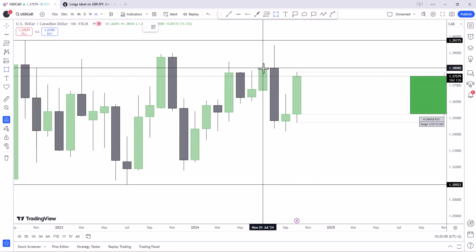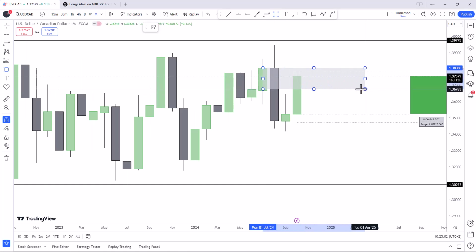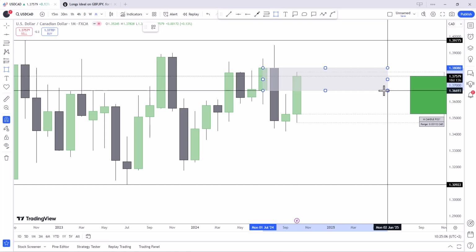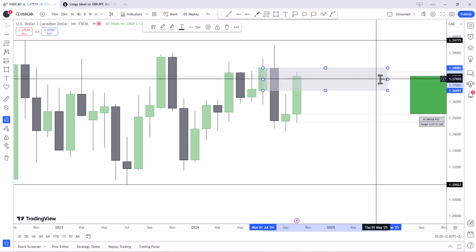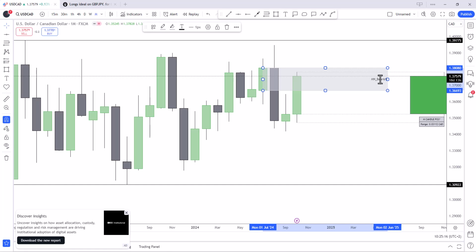Now if we do our institutional order flow here, we mark out our premium areas, right? That's premium area number one, which is a monthly bearish order block, and that's where price is currently trading.